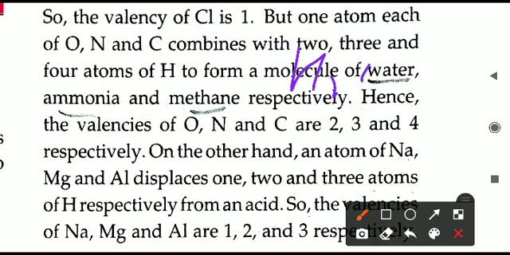So if we talk about hydrogen in the water molecule, then the valency of hydrogen is 1 only. But if you talk about oxygen, how many hydrogens has oxygen accepted? Oxygen has accepted 2 hydrogens. Oxygen has joined with 2 hydrogens. So because of that it has a combining capacity of 2 atoms. Hence we can say the valency of oxygen is 2 in this case. So that is how the valency changes.